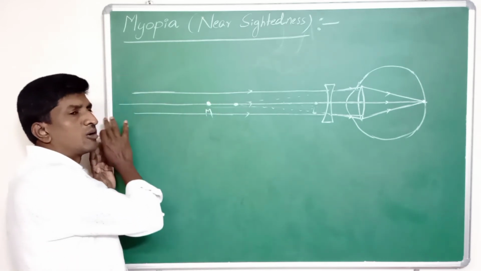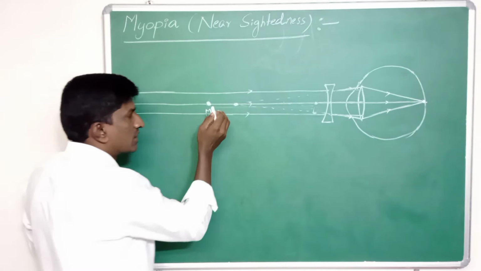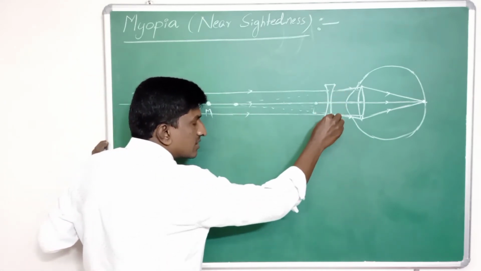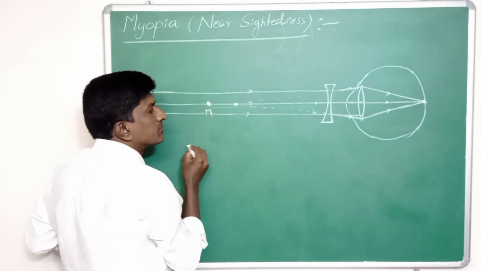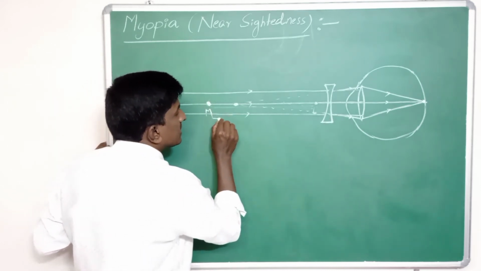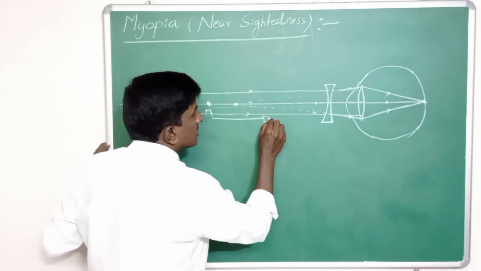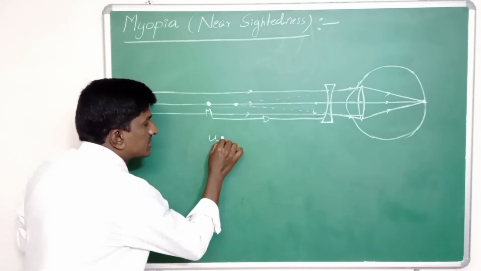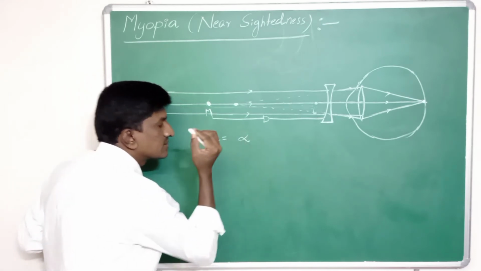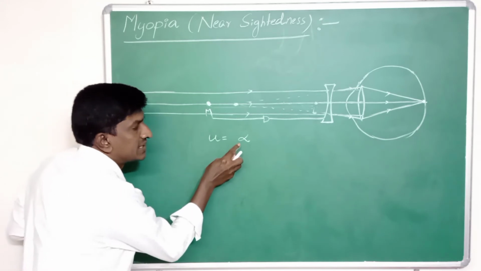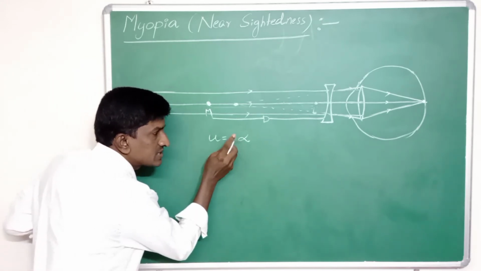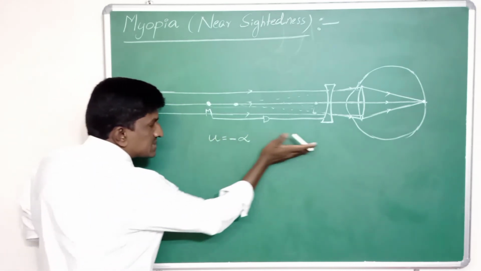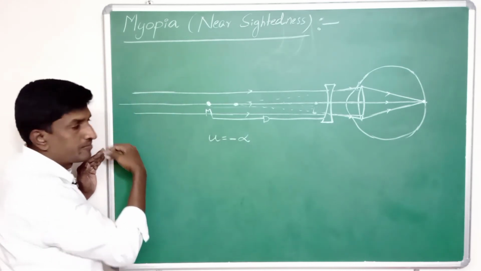So if the object is at infinite distance and we are forming the image of that object by this concave lens on M, on the far point, let's say the distance of the far point from the lens is D, capital D. The object is at infinite distance, so the distance of the object is infinite and it is taken as negative value, because we are measuring opposite to the incident light ray.